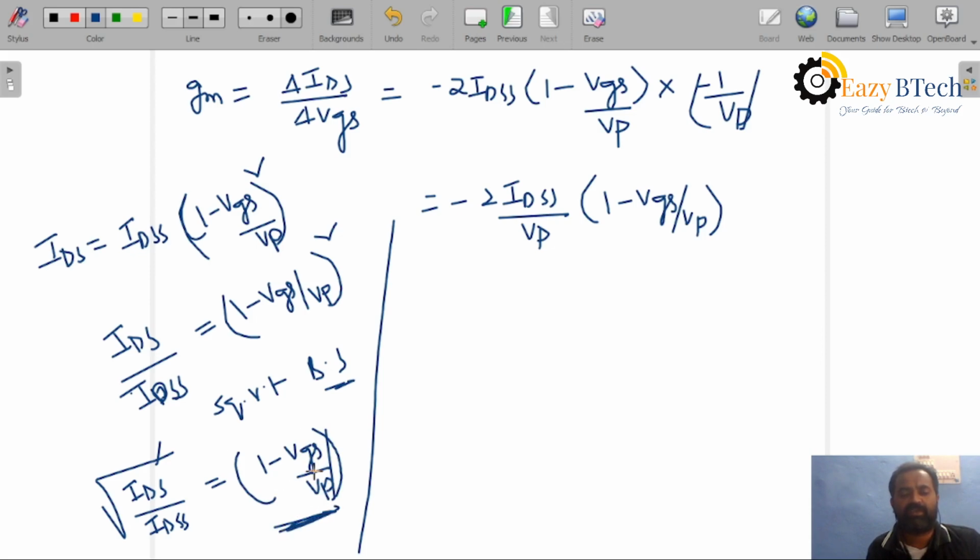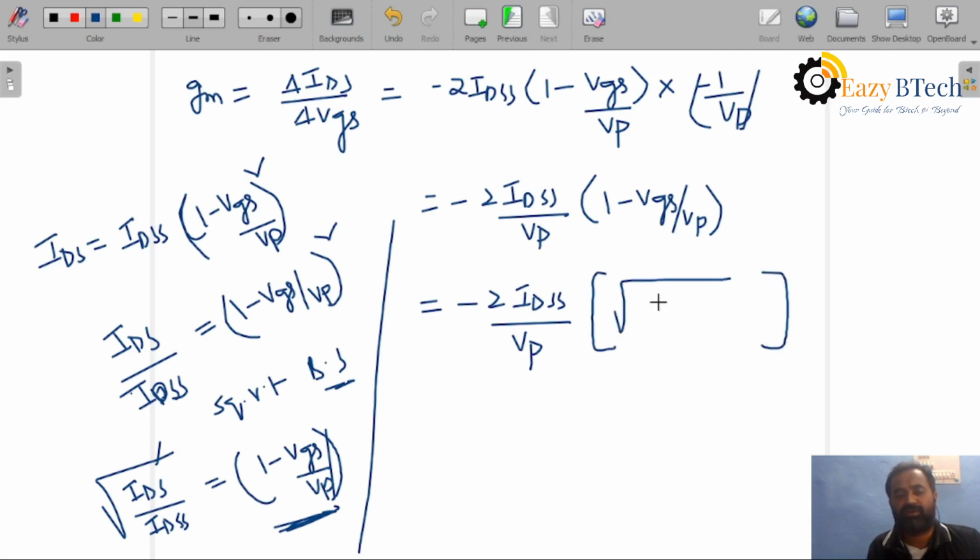It means in the place of 1 minus VGS by VP you write this. Minus 2 IDSS by VP is equal to, in the place of 1 minus VGS by VP, you write under root IDS by IDSS.